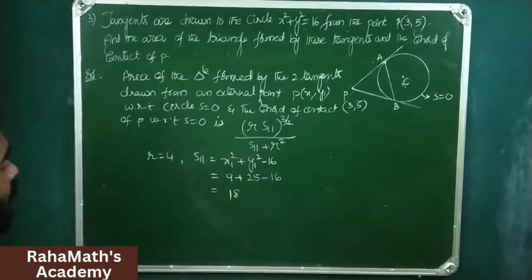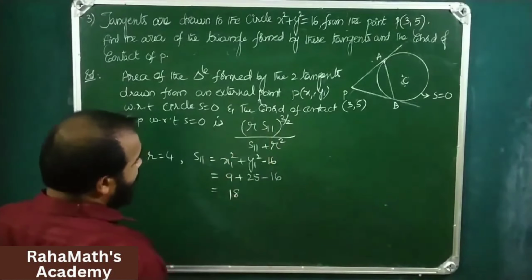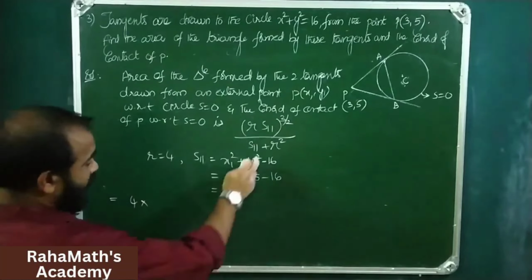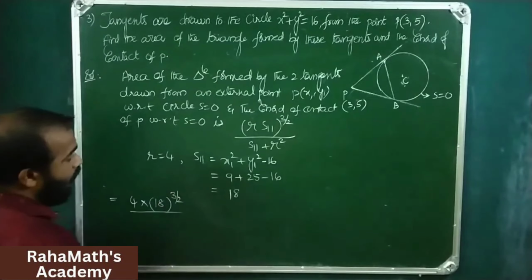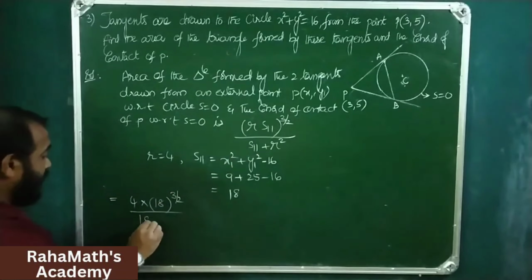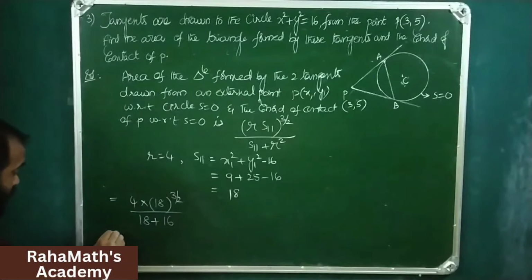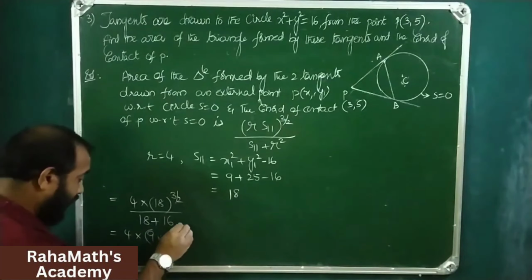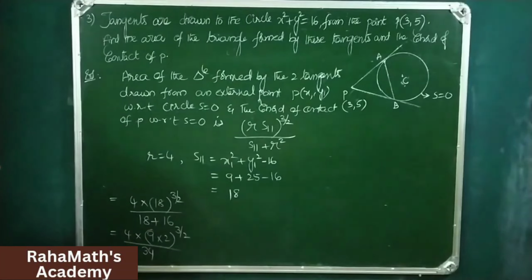Now the R value is 4, into S11 18 whole power 3 by 2 by S11 18 plus R square 4 square 16. This is equal to 4 into 18, which is 9 into 2, whole power 3 by 2 by 18 plus 16 is 34.